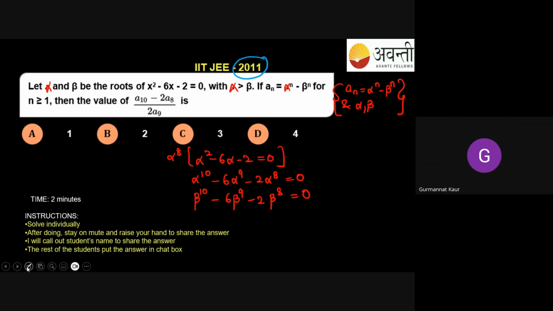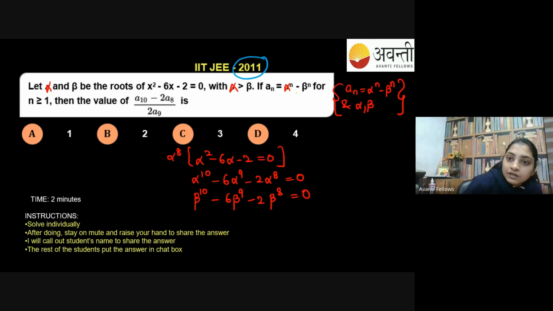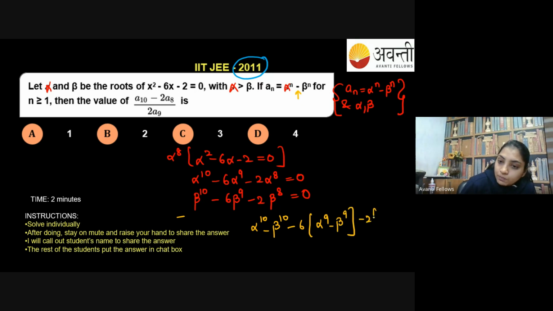Now, as per the question, it is negative, so I will subtract these two equations. So it will be alpha 10 minus beta 10, minus 6 common, alpha 9 minus beta 9, minus 2 common, alpha 8 minus beta 8. Agree everyone? That is equal to 0.